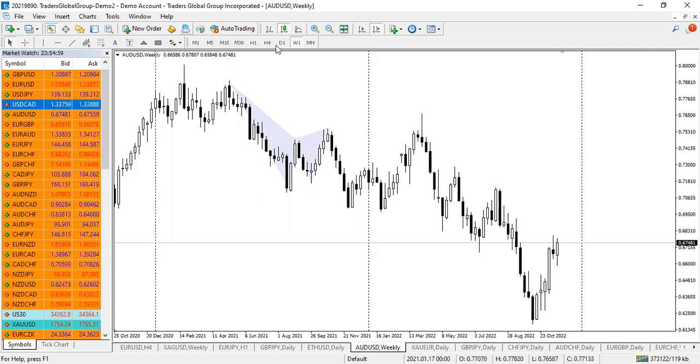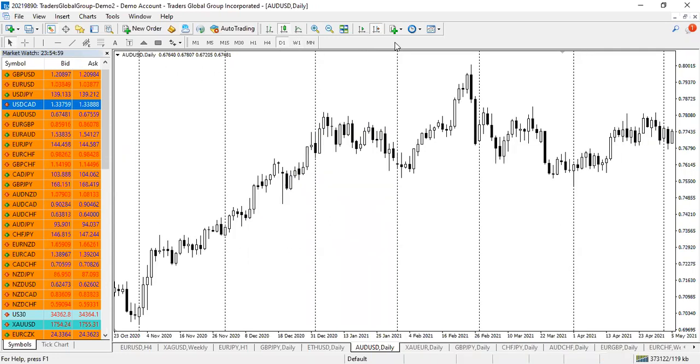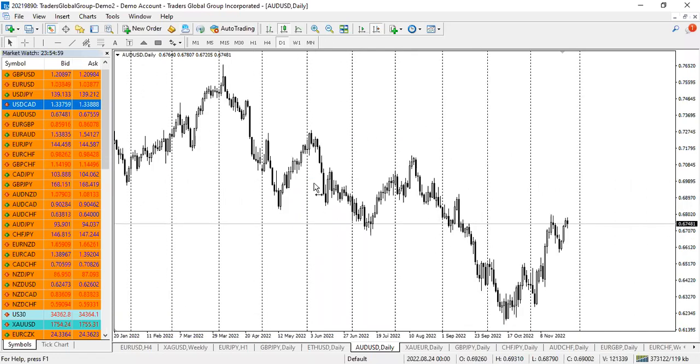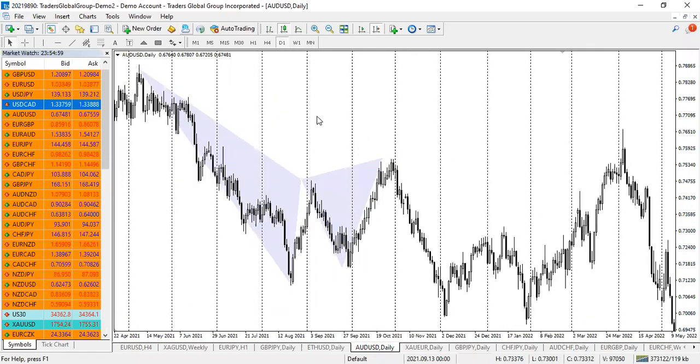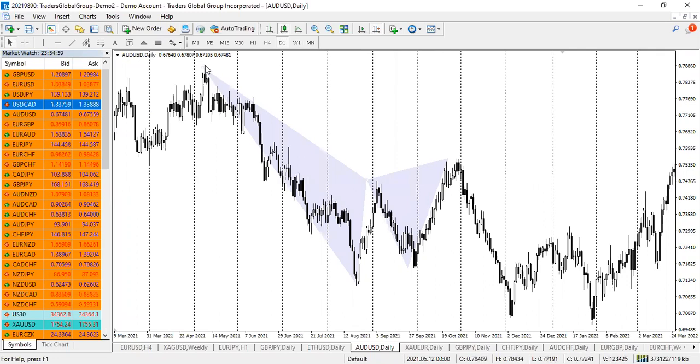Maybe if I go to the daily time frame, that might show clearly. Okay, so now here I can see that this is the high of a period, and then, oh, good. But then you can see that this didn't even make any retracement. So in real sense, if I come down here, no way, this is the high of a period.